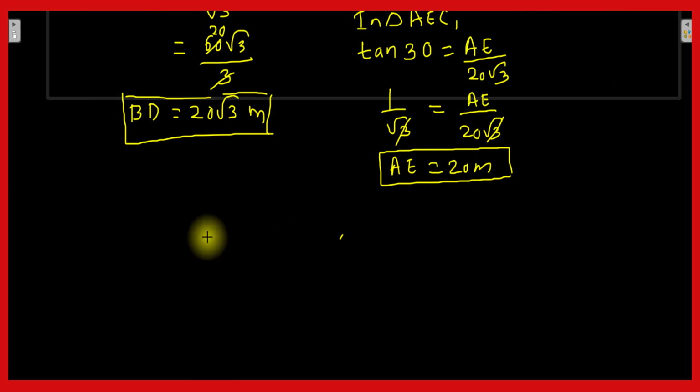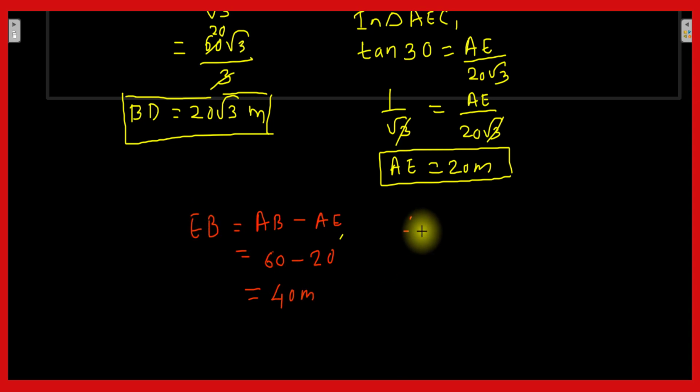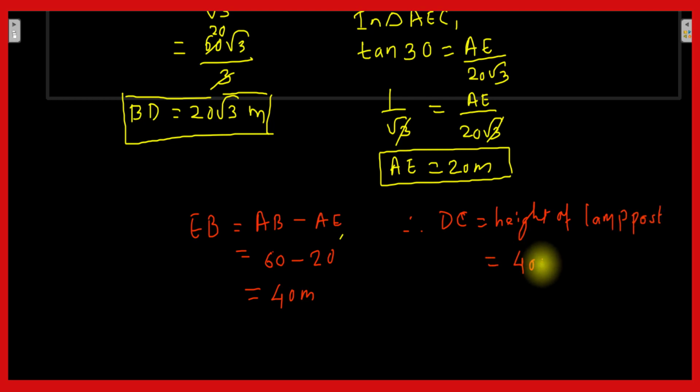So here we can solve this as, AE is 20 meter and therefore we can write EB is equal to AB minus AE, and that is equal to this total distance is 60 minus AE is 20, which is equal to 40 meter, and EB is 40, therefore the DC that is equal to height of lamp post is equal to 40 meter.